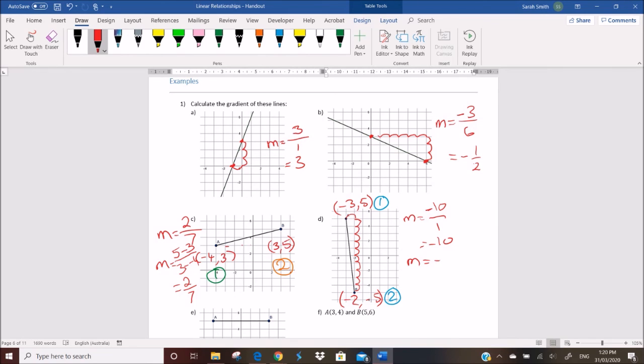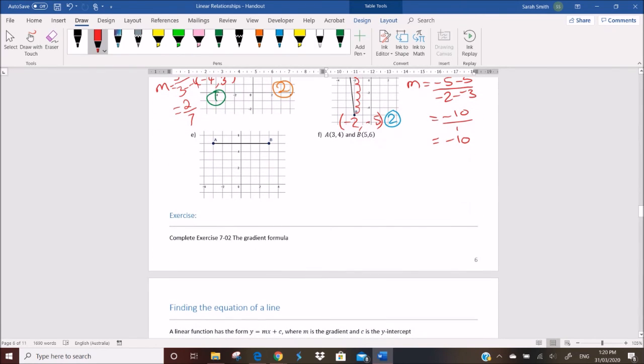So my y value, -5 minus 5 divided by -2 minus -3. That's going to give us a -10 on the top. This -3 here will give us a +1 at the bottom, which gives us our -10.